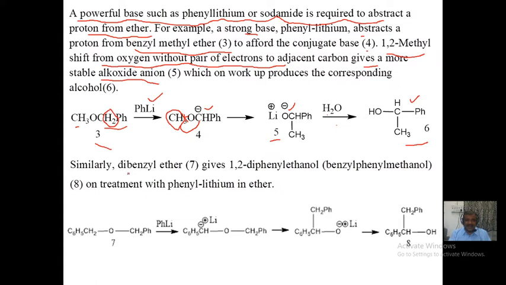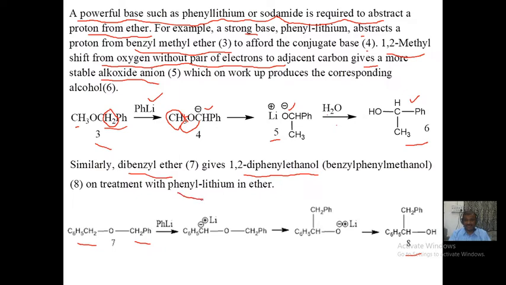Similarly, dibenzyl ether, that is structure number 7. This is the benzyl group. This is also the same. Only one thing, I have written PH here instead of C6H5, otherwise it is the same. Dibenzyl ether gives 1,2-diphenyl ethanol, that is benzyl phenyl methanol, structure number 8, upon treatment with phenyl lithium.